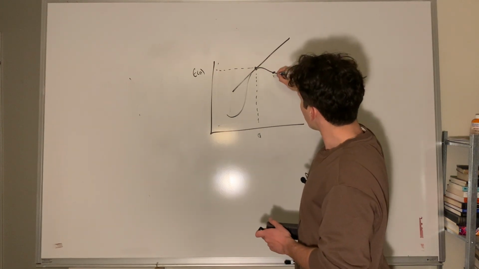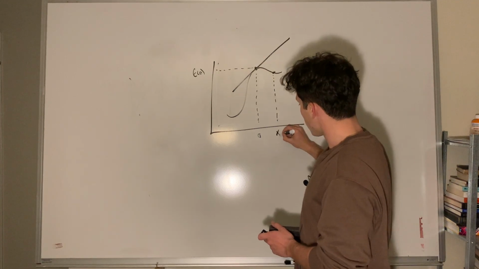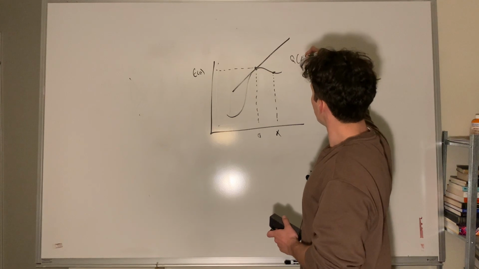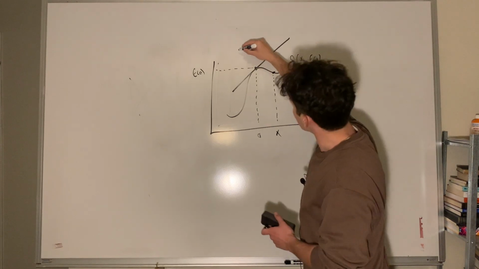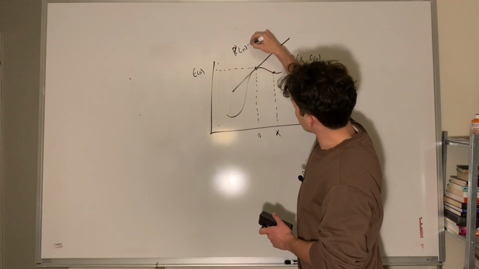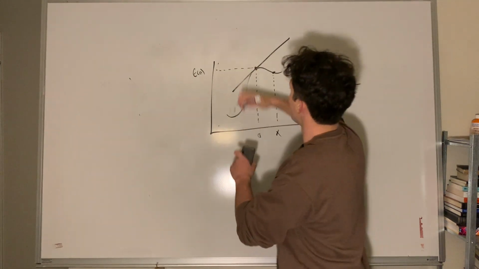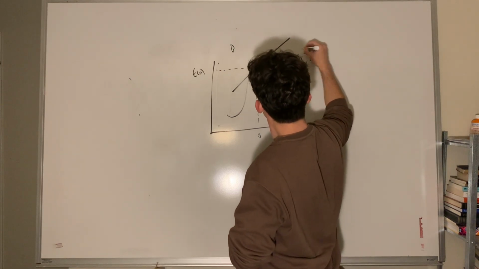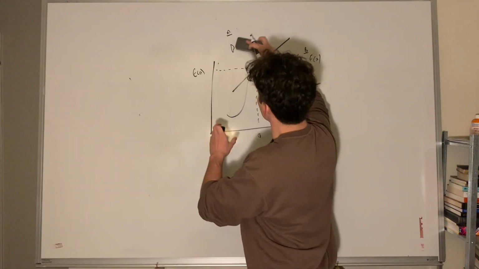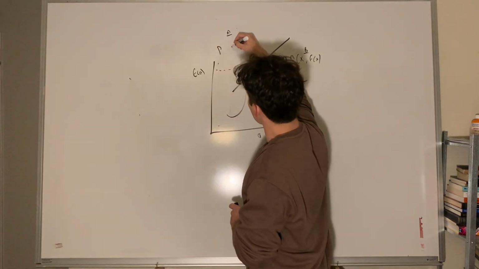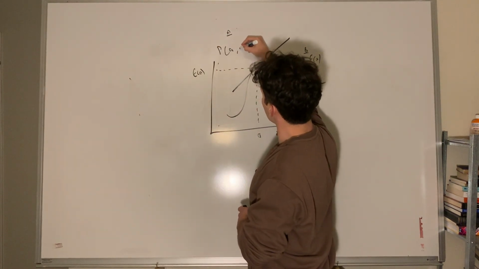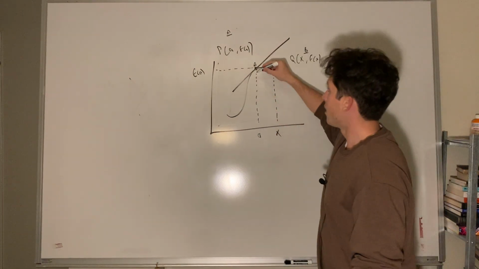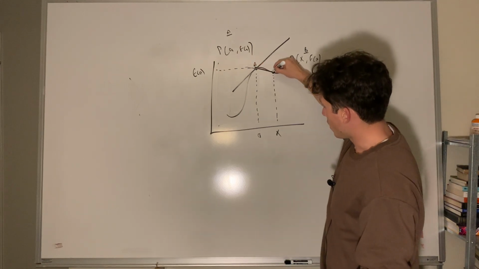Let's say that point is Q, and let's say that's X, and that point is Q, X, f of X, and this is P, A, sorry, that's ugly, and that point is A, f of A, right? The secant line, this is a secant line.